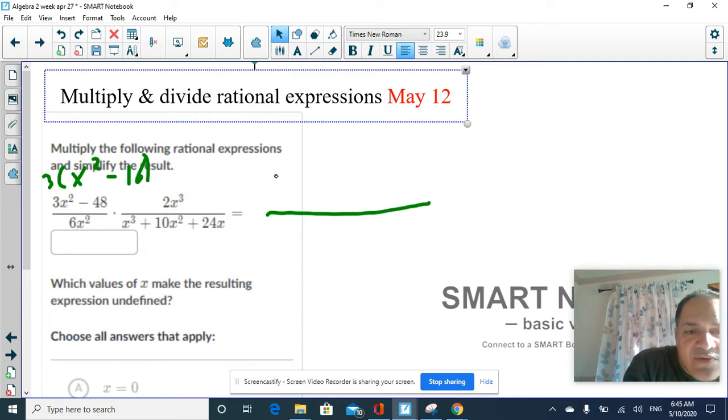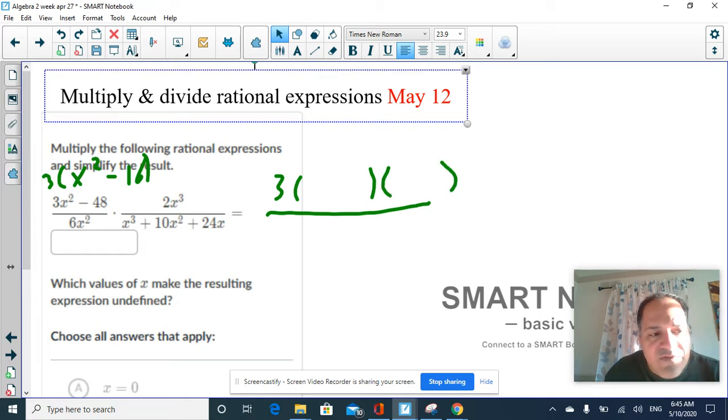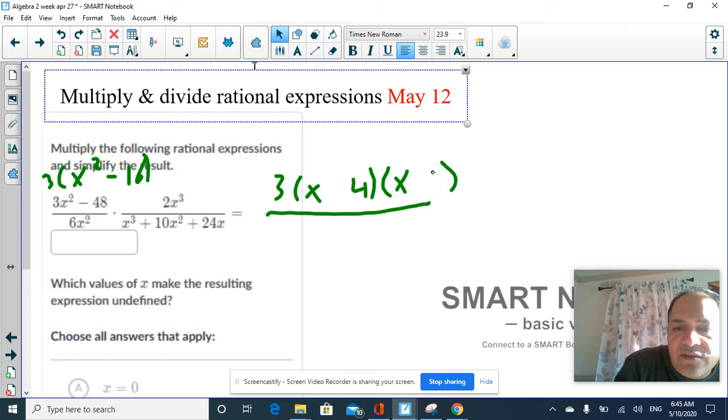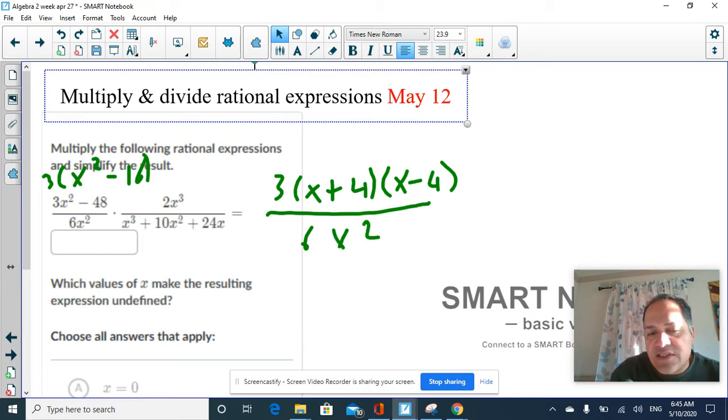So now you have 3 and a difference between two squares. How do we factor x squared minus 16? x and x, yes, good job. 4 and 4, plus and minus. And the bottom is still the same, 6x squared. We can factor it, or you can write 6x times x, but we can leave it like this.